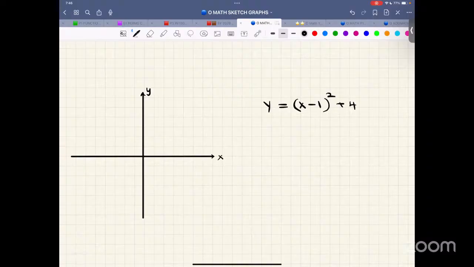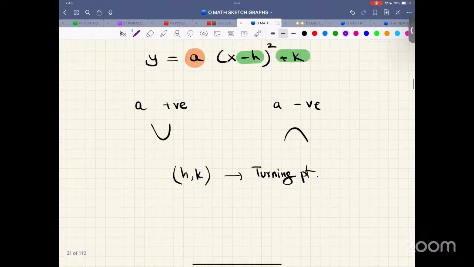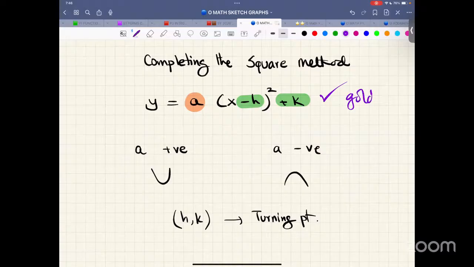What we will do is that underneath it, we will write y is equals to a(x minus h) whole square plus k. Now keep in mind, this is a gold standard. Just like y is equals to mx plus c is a gold standard. So if the examiner plays around with this negative sign, with this positive sign, don't fall into the trap.